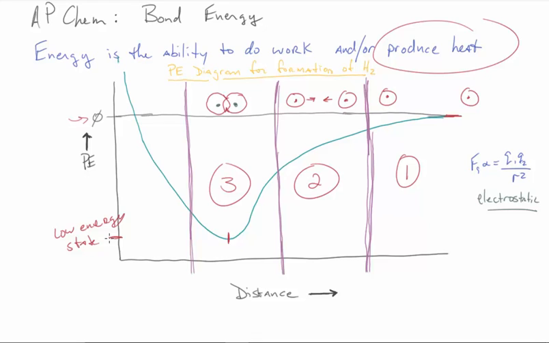This is where the attraction between the nuclei and the other atom's electrons is the greatest, and the repulsion between the 2 nuclei being close to each other is at its lowest. The overall attraction is definitely outweighing the overall repulsion that the atoms are feeling at this point.